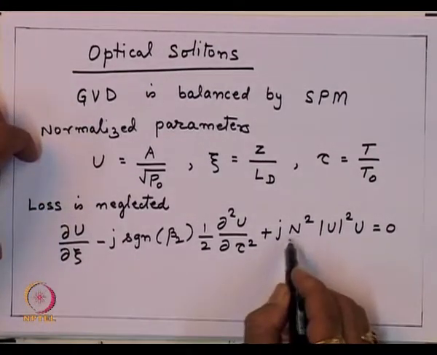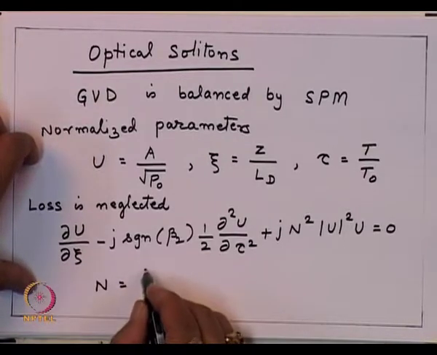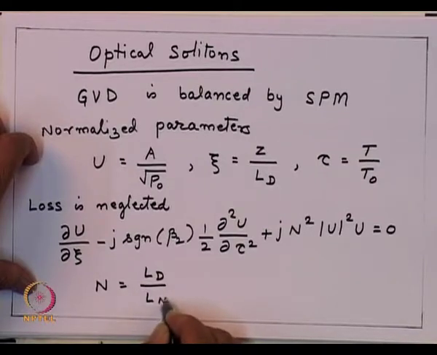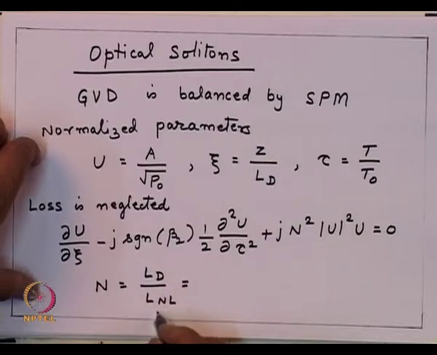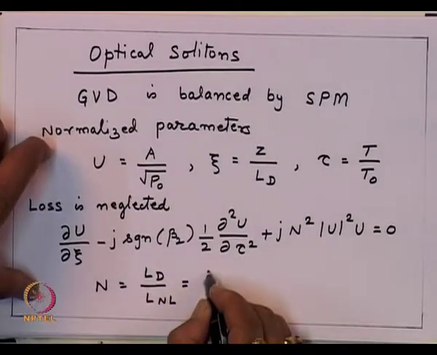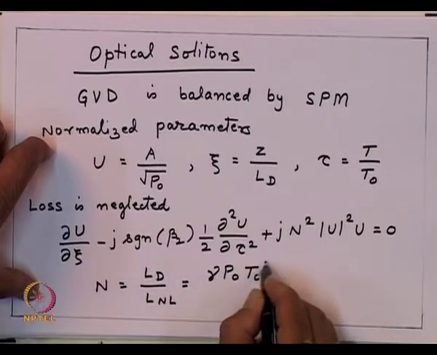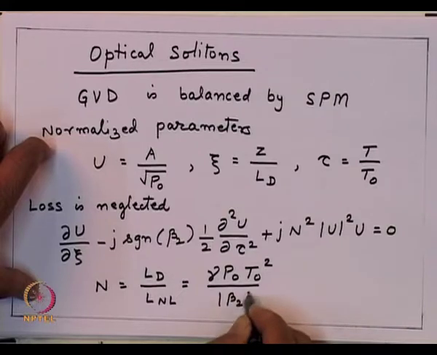Where we have defined this parameter N here, that is the ratio of the dispersion length to the nonlinearity length. So, if I substitute for dispersion length and nonlinearity length, essentially this quantity will be gamma P naught T 0 square upon mod of beta 2.